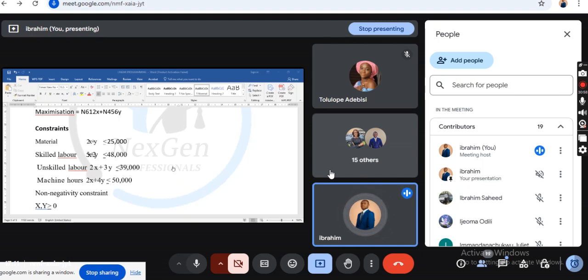So in this case, you can pick skilled labor and unskilled labor, and it will give you a unit. However, if you pick material and skilled labor, you will still have a unit. Class, listen, you will still have a what?